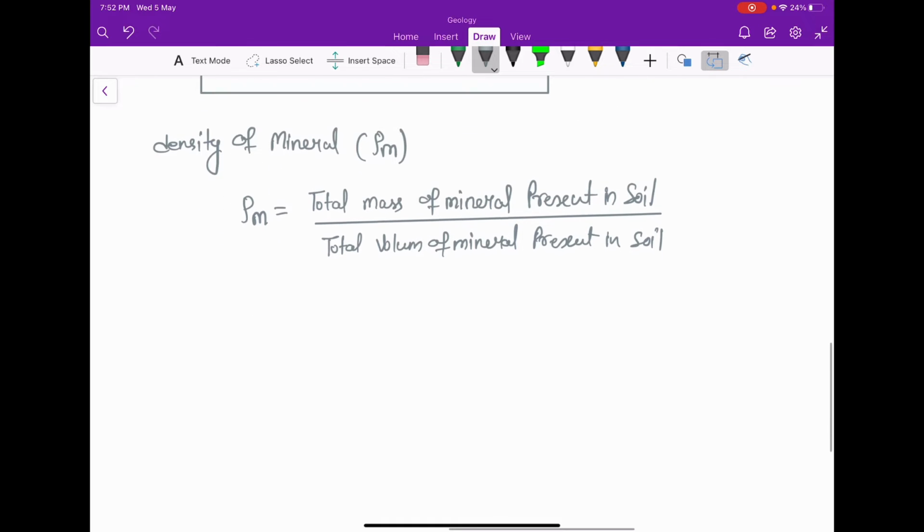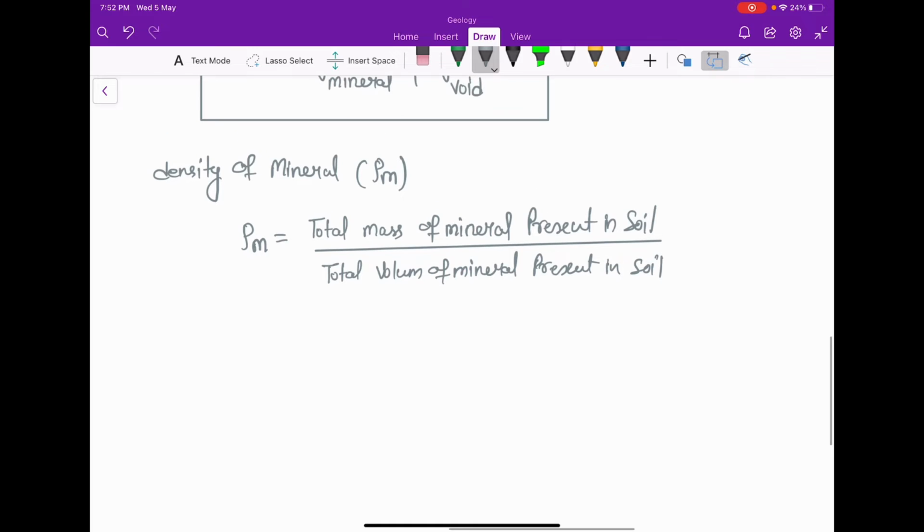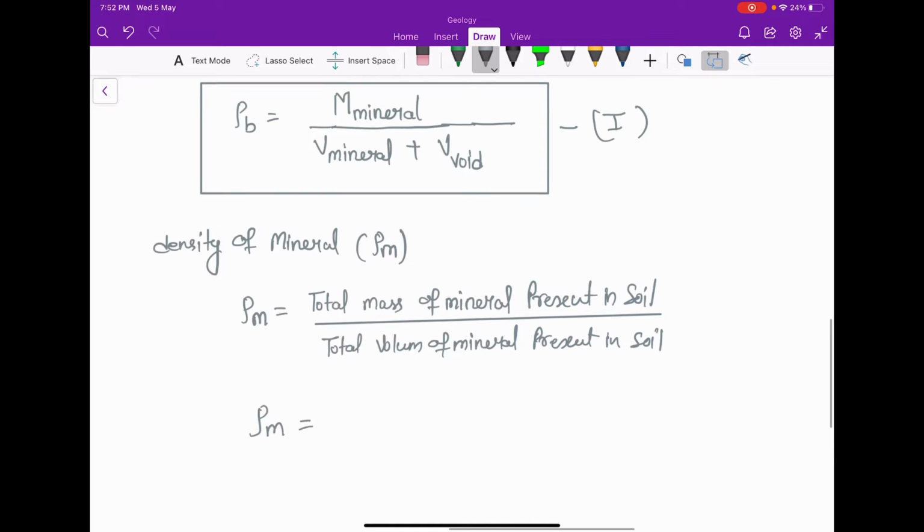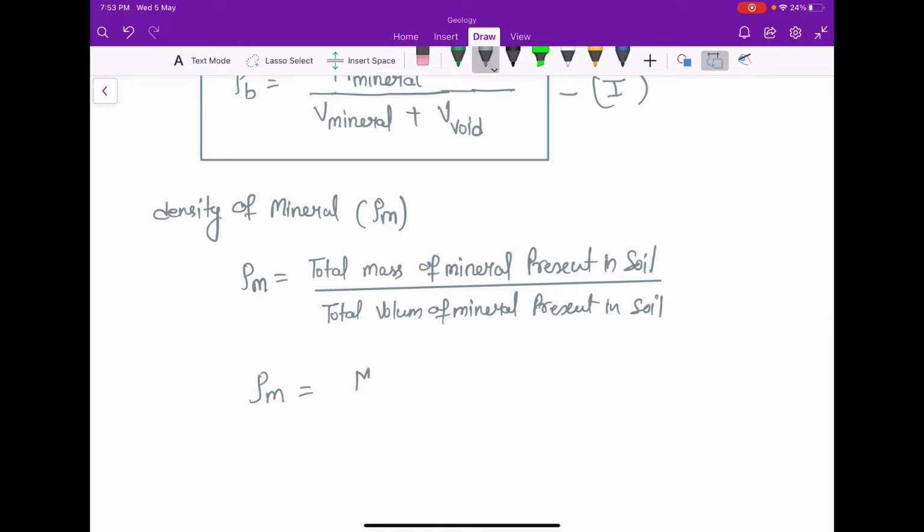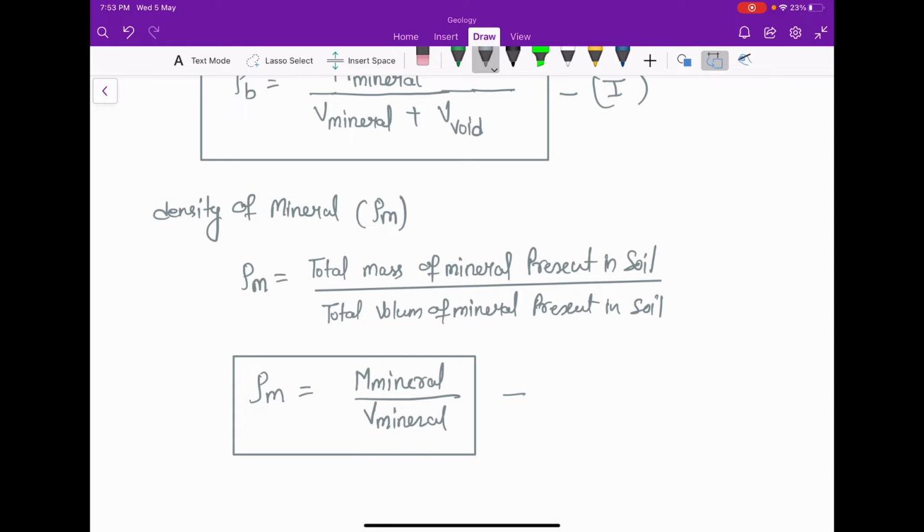So that is the formula for density of mineral, or we can say rho m will be m, that is mass of mineral, divided by volume of mineral. So that will be equation second.